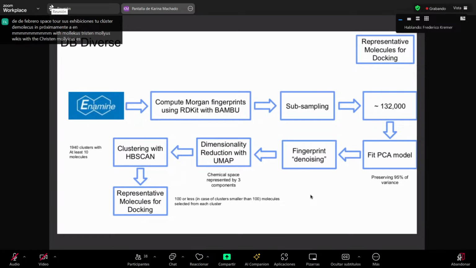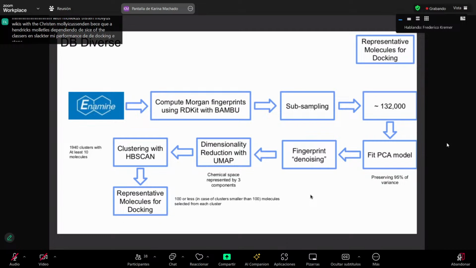And then based on these clusters, we selected up to 100 molecules or less, depending on the size of the clusters. And based on these selected molecules, we then performed the docking steps.